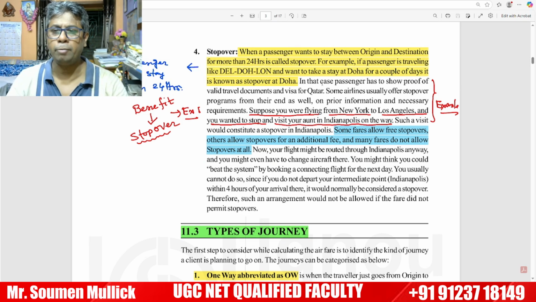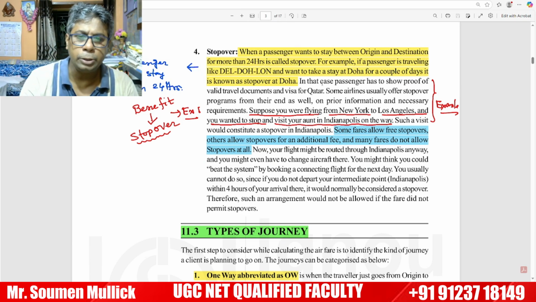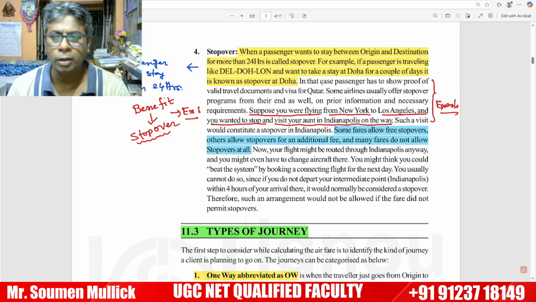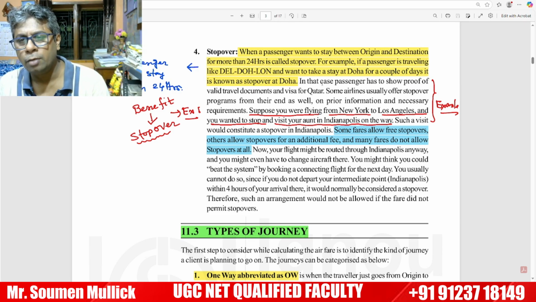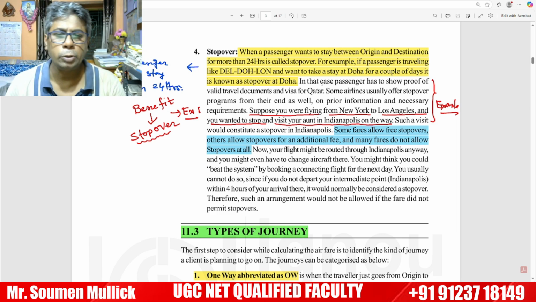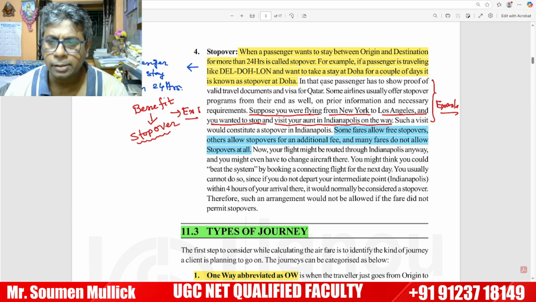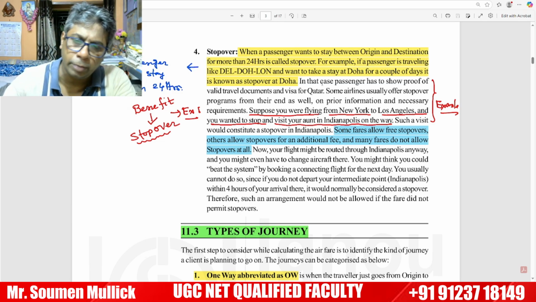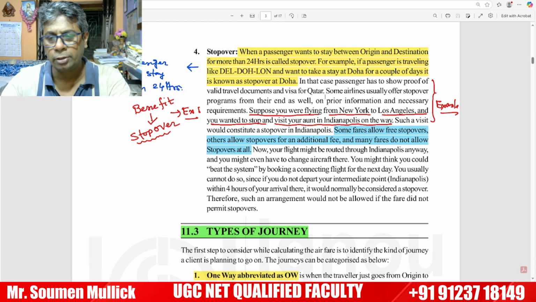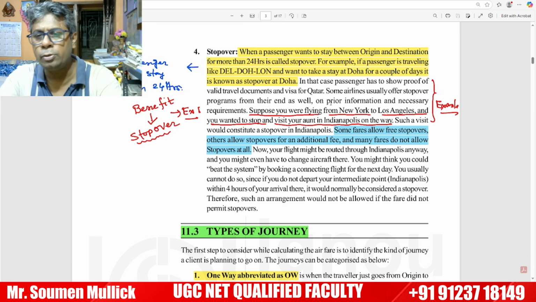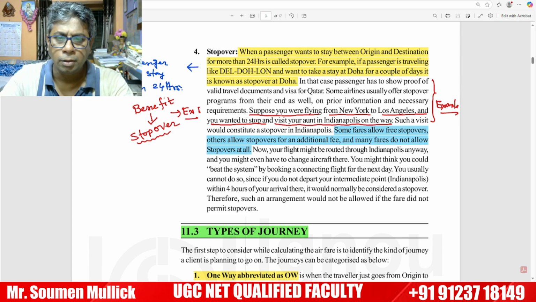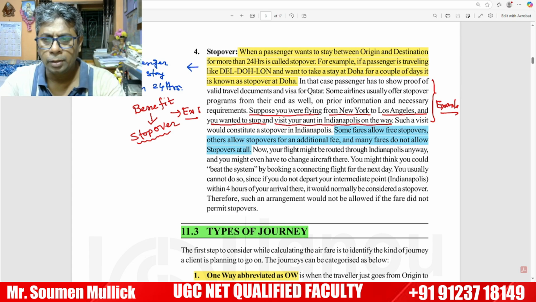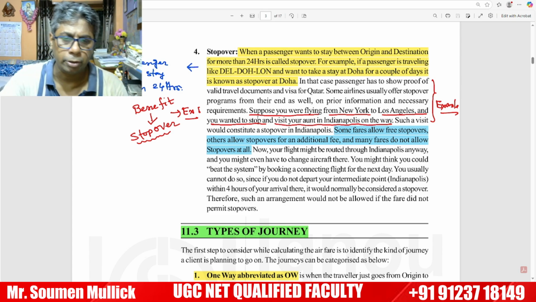For example, if a passenger is traveling Delhi to Doha, Doha to London, and wants to stay in Doha for a couple of days, it is known as a stopover at Doha. In this case, the passenger has to show proof of a valid travel document and visa for Qatar. Some airlines usually offer stopover programs from their end as well, with prior information and necessary requirements.